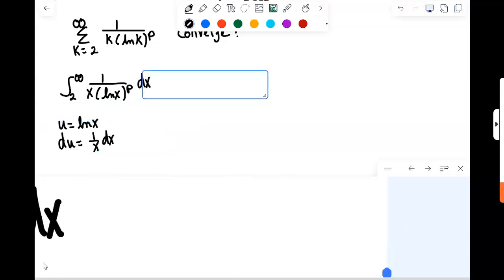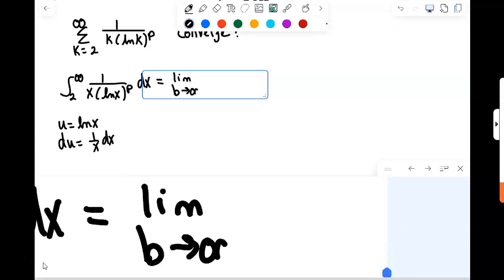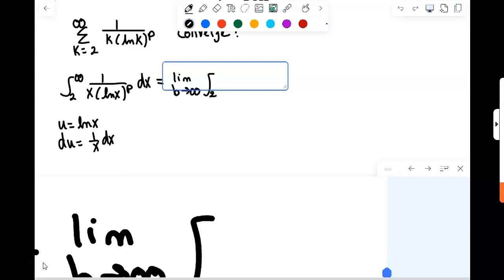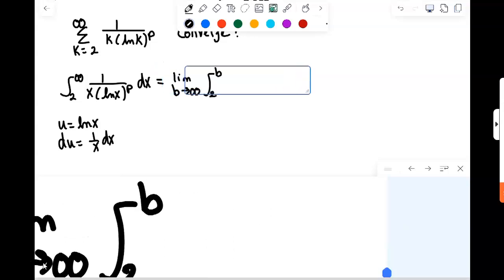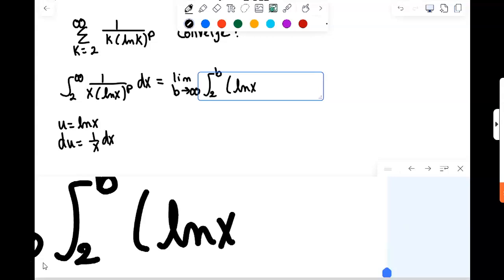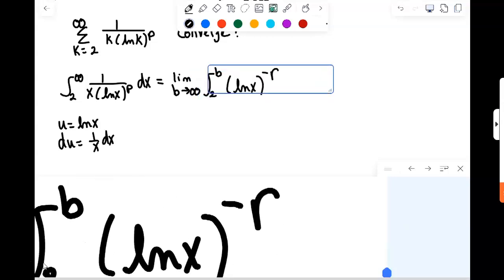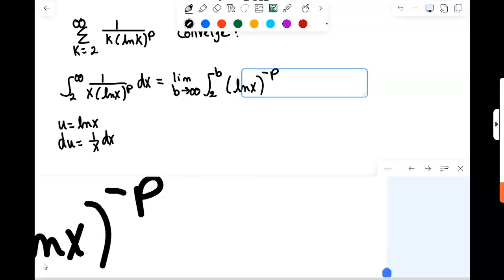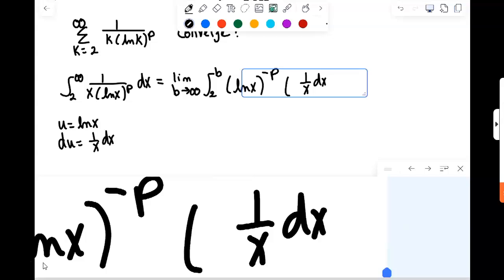So rewriting this, we would have the limit as b goes to infinity of the integral from 2 to b. And here's what we would have. Rewriting this would be ln of x to the minus p power times 1 over x dx.